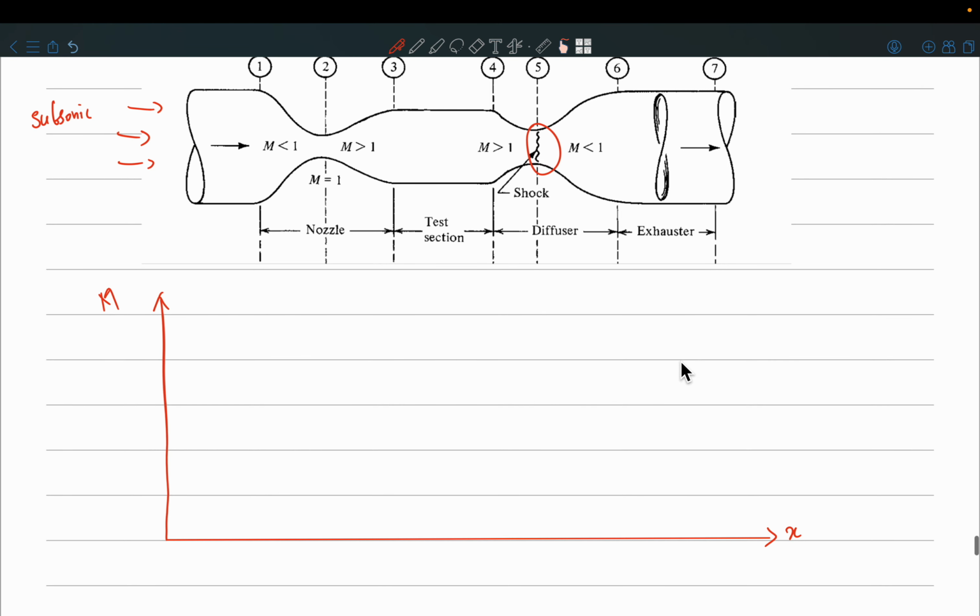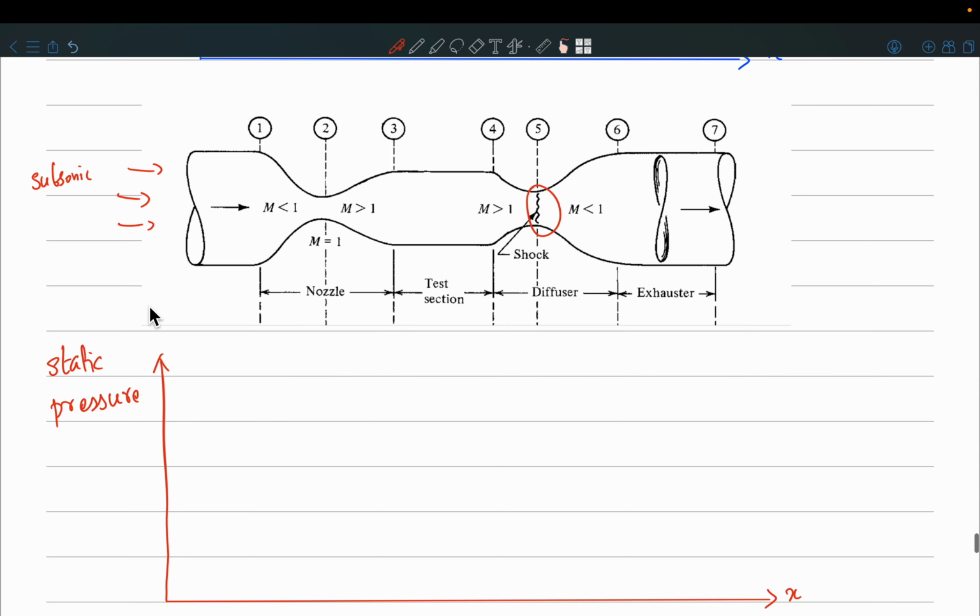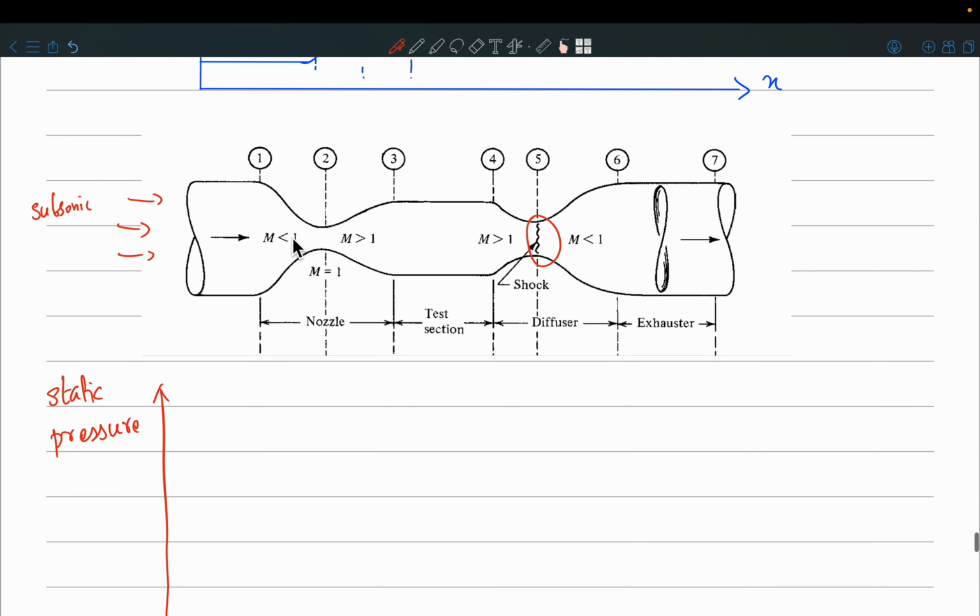Okay, so here I will plot something else. I'll plot the static pressure variation. So what is going to happen to static pressure over here? We are talking about operating condition.